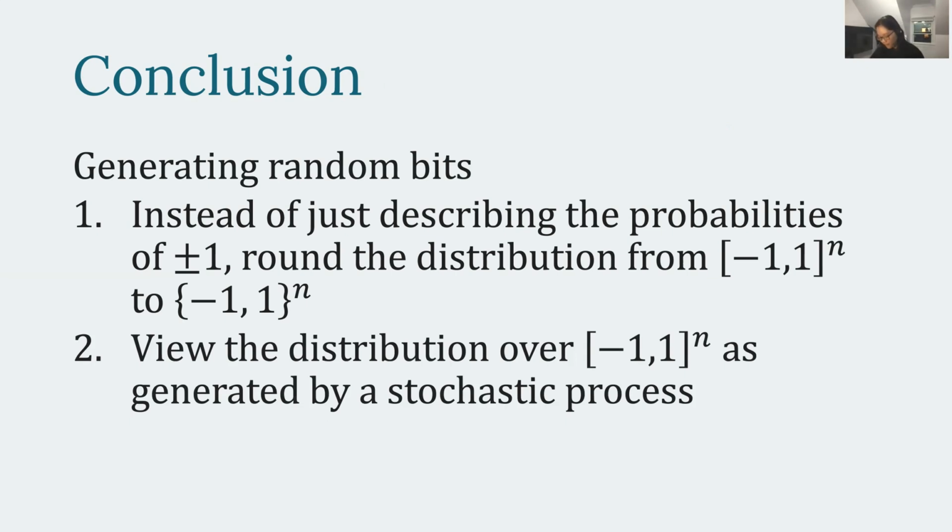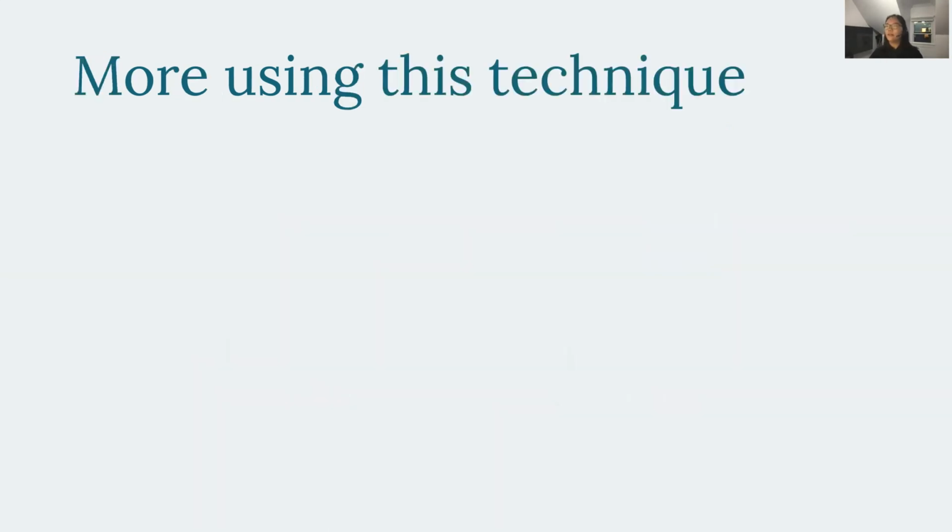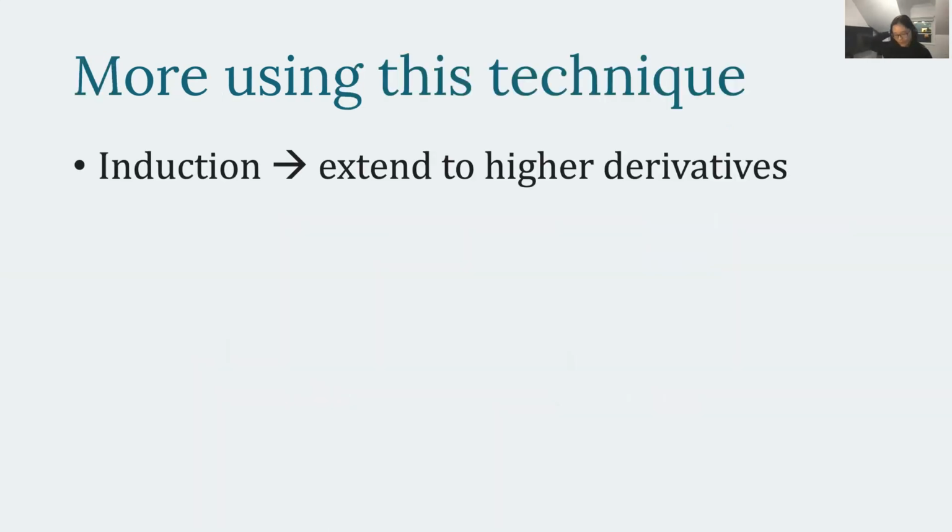Right, so there's some other stuff. In this proof, I only use the second order derivatives, but you can induct on this proof and extend it to higher level derivatives, and that gives some other implications in the quantum complexity world.